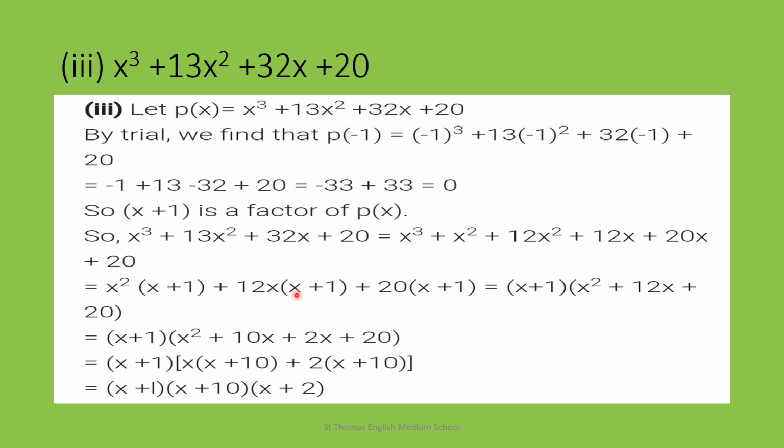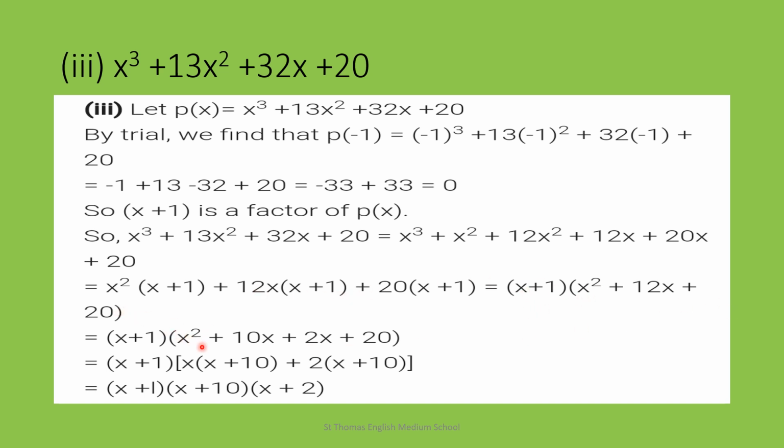Then you will have 12x multiplied by x plus 1 plus 20x plus 20. From that you can take 20 as a common factor, 20 multiplied by x plus 1. So here you are having 3 terms with x plus 1 as a common factor. So take the common factor outside, you will have x plus 1 multiplied by x square plus 12x plus 20.